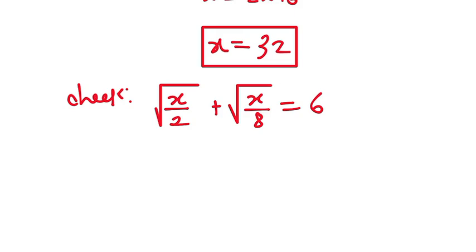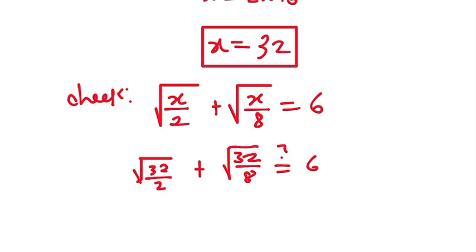So now let's check the square root of 32 over 2 plus the square root of 32 over 8. Would that give us 6? 32 divided by 2 is 16, so that is the square root of 16, plus 32 divided by 8, which is 4, so the square root of 4.